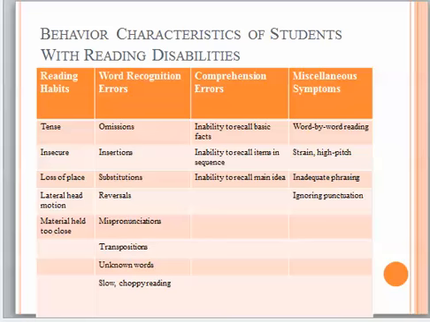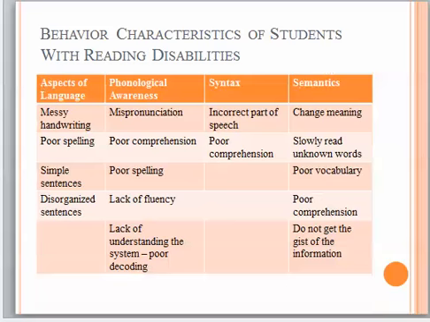There's a strain in their voice with a very high pitch. There's inadequate phrasing. They do not chunk appropriately, and they ignore punctuation. The handwriting tends to be very messy, and sometimes that's intentional because they're not sure which letter is correct, and they don't want us to know that they don't know it.